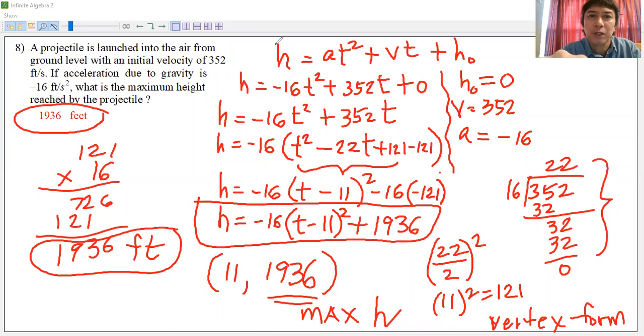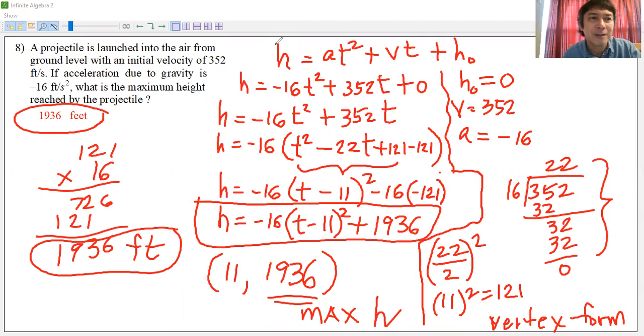This portion here is part of the solution, so we can put a fence there. The answer can be found when you reach the vertex form. That's the tip of the parabola.